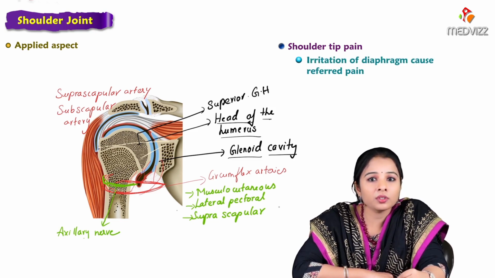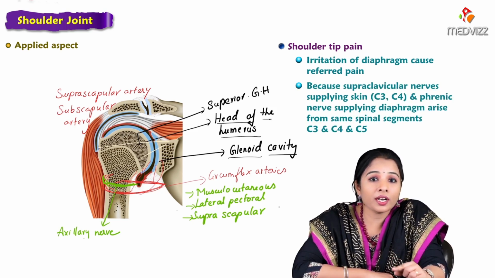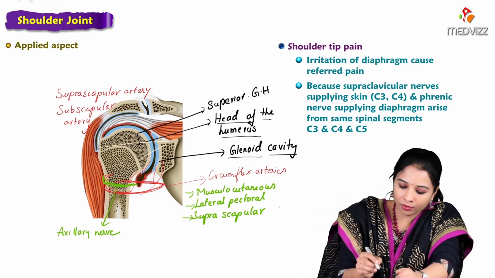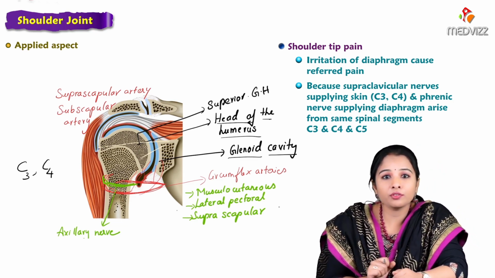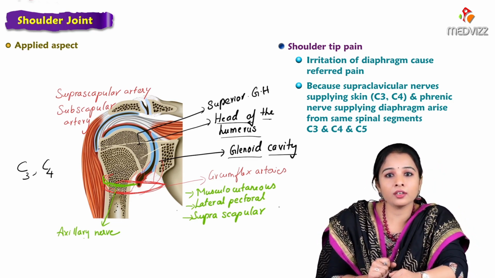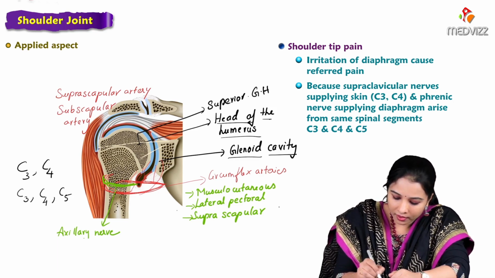Irritation of the diaphragm causes referred pain to the shoulder because the supraclavicular nerves supplying the skin over the shoulder have the root value C3, C4. And if you see the root value of the phrenic nerve which supplies the diaphragm, it is also C3, C4 and C5.